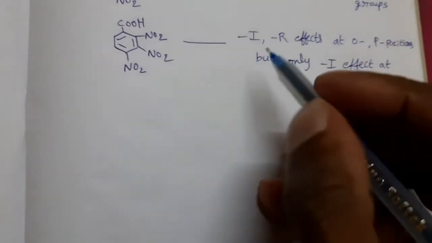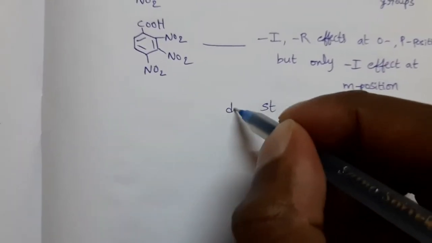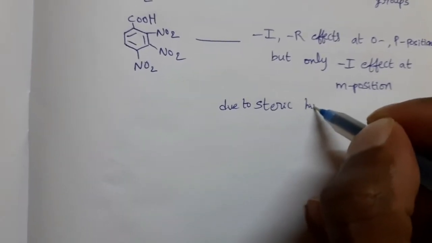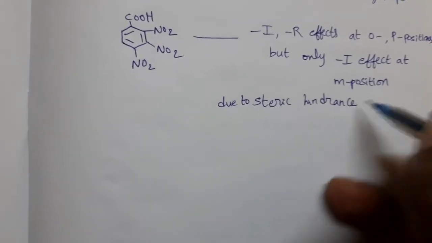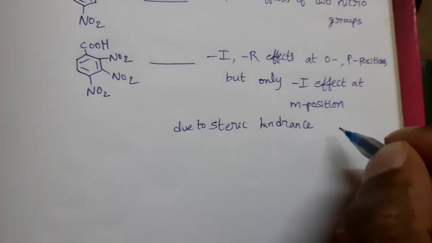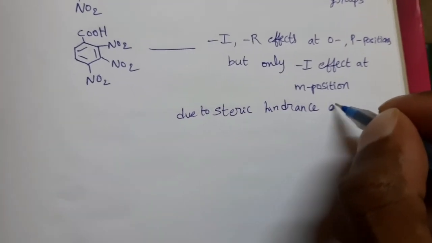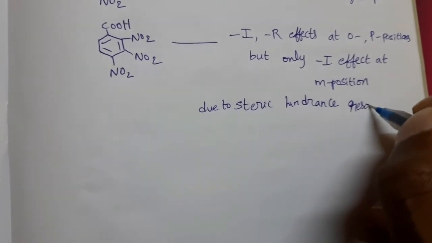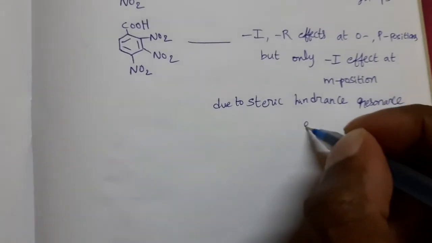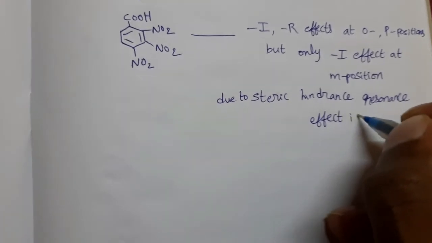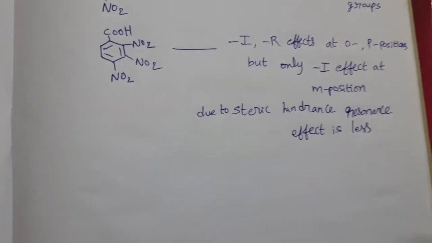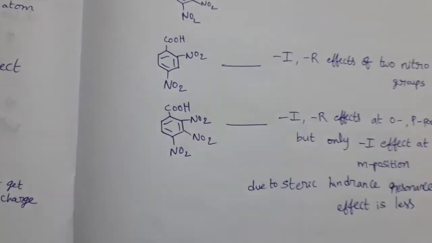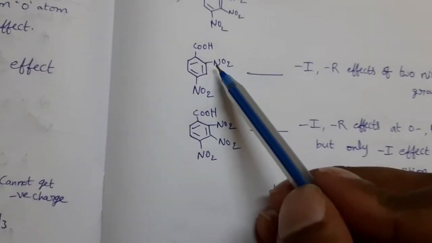And another one is due to steric hindrance. Due to steric hindrance, resonance effect is less in this compound. That's why its acidic character is less than this compound.